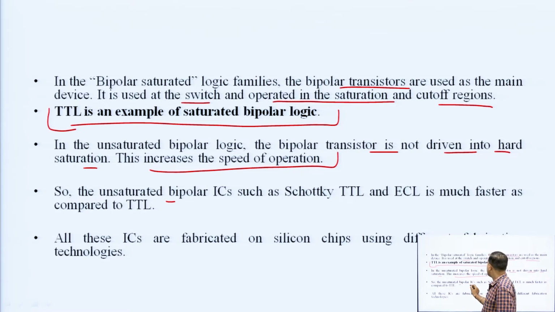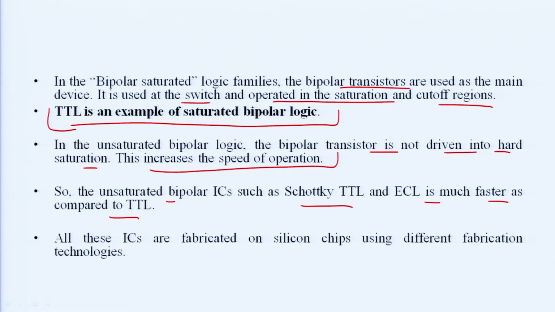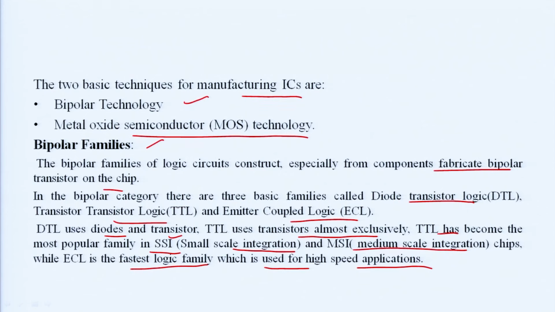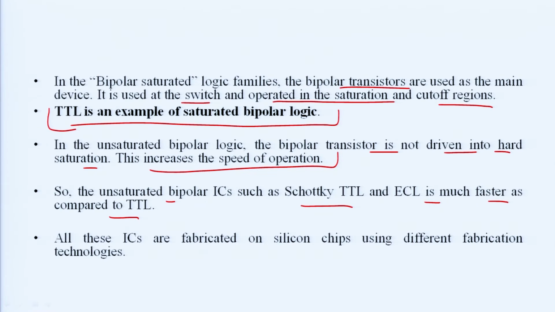So, unsaturated bipolar ICs such as Schottky TTL and ECL are much faster compared to TTL. That is why they have faster speed.